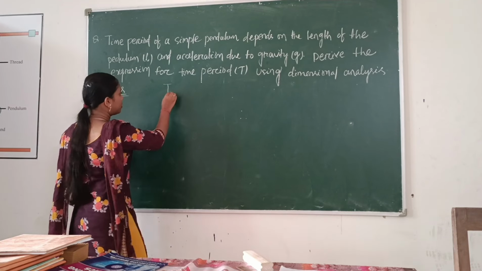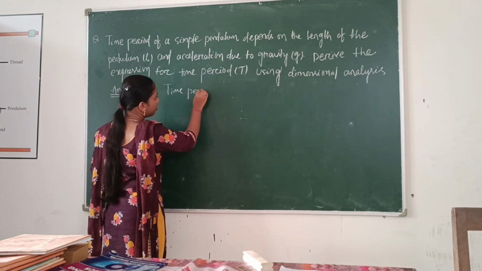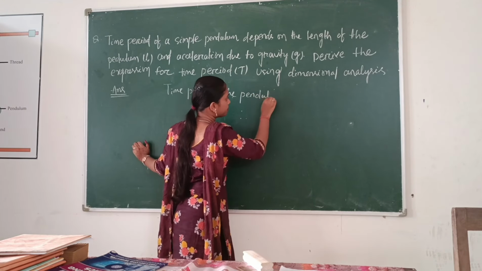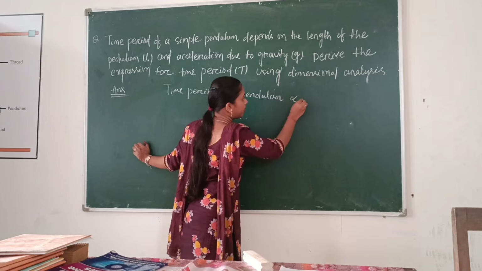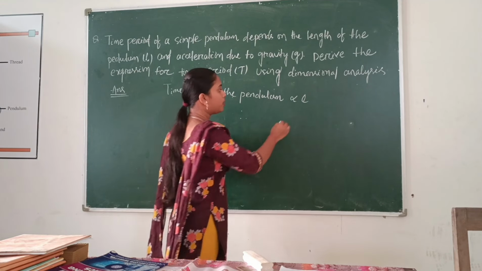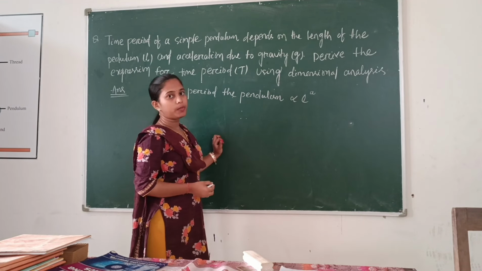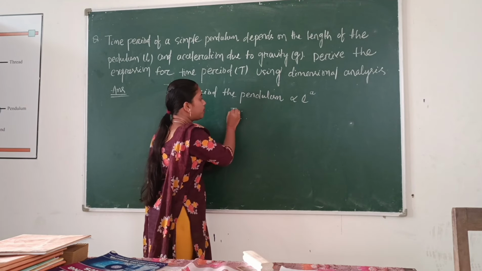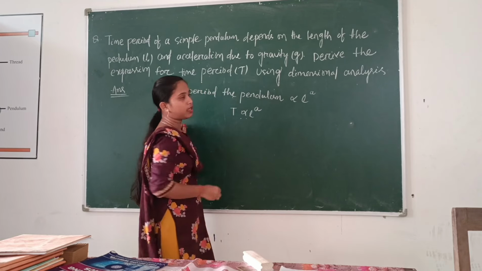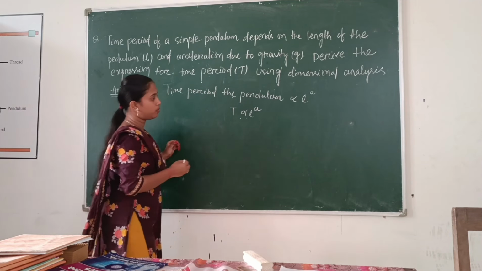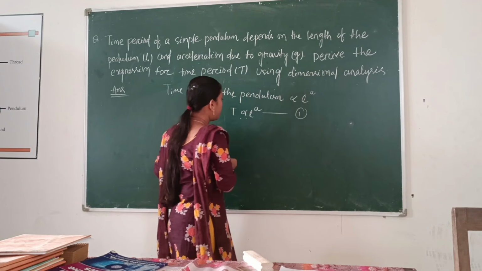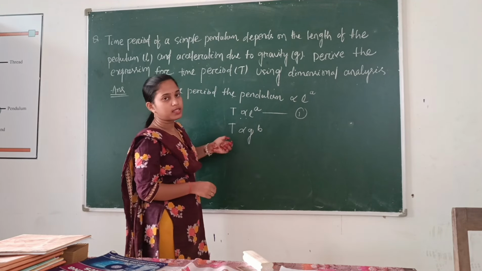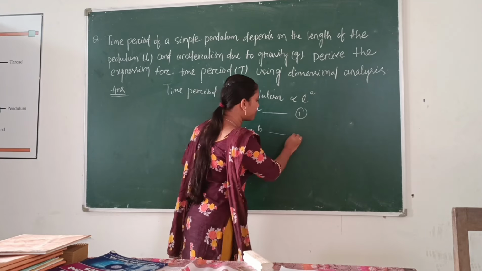So we can write that the time period depends upon the length of the pendulum, that is L, to the power A. Since we are doing dimensional analysis, T is directly proportional to L to the power A. This is my equation 1, and T is directly proportional to g to the power B. Here g is my acceleration due to gravity.